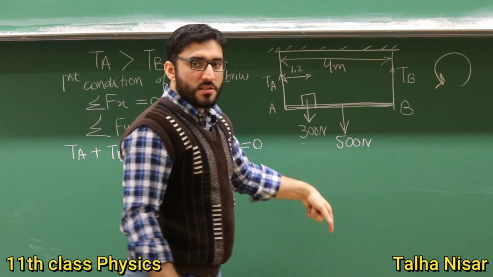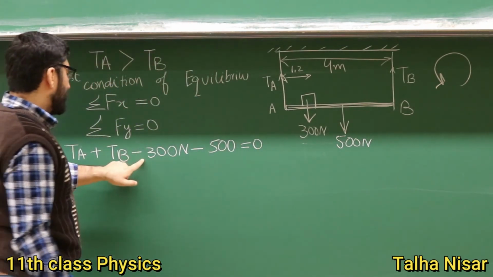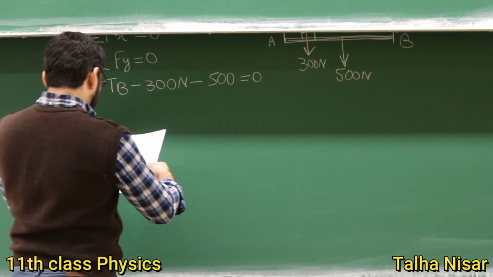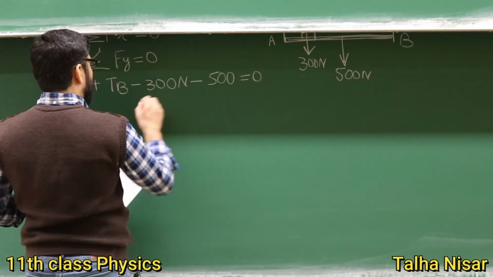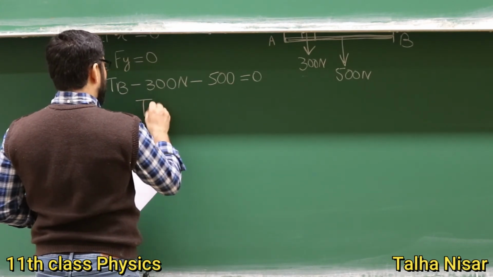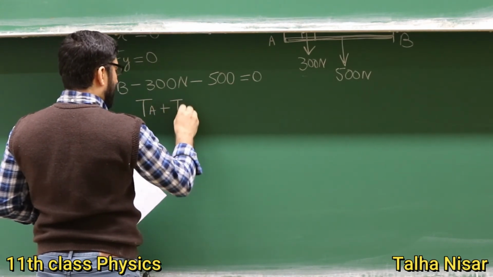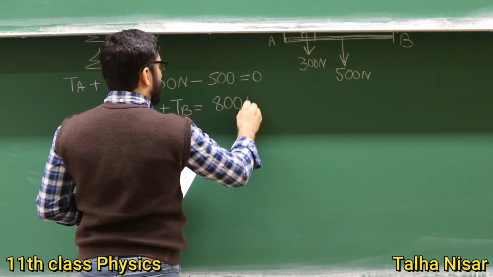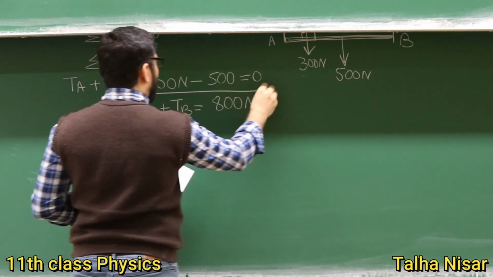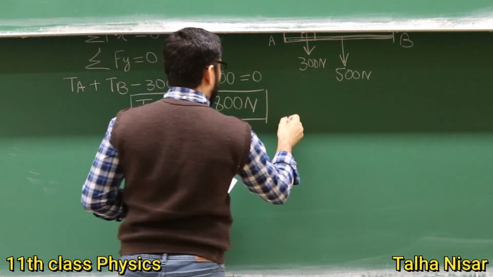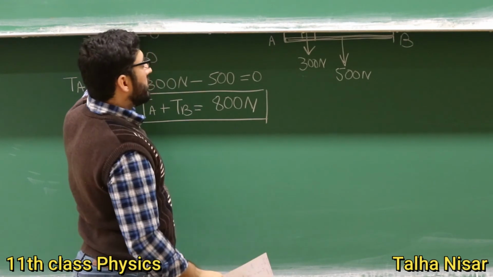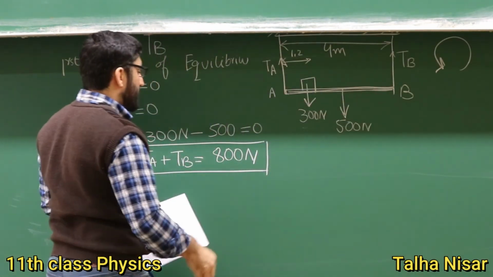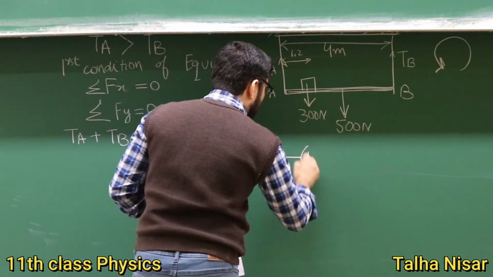Since the weights are in the opposite direction, we write minus 300 newtons and minus 500 newtons, equals 0. So from this we get TA plus TB equals 800 newtons. So the sum of these two tensions is 800 newtons. This is equation number 1.